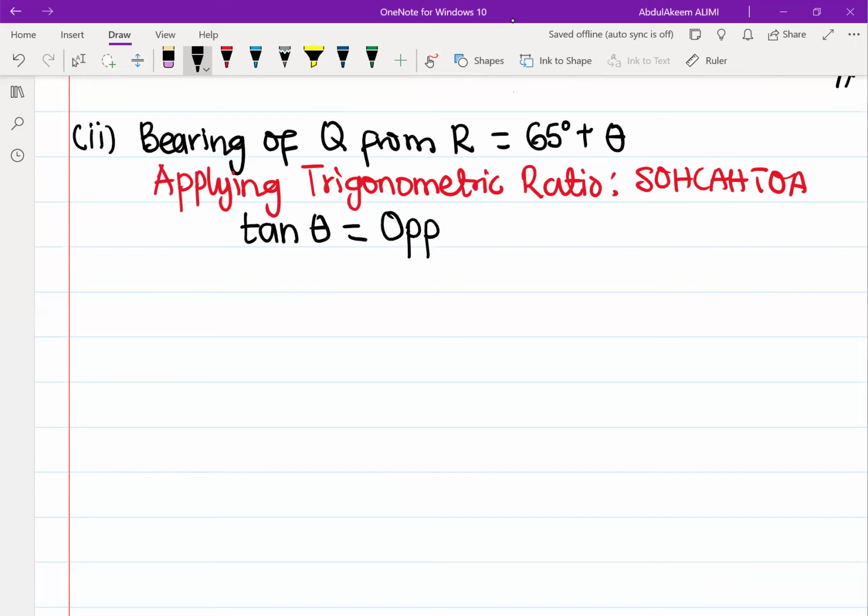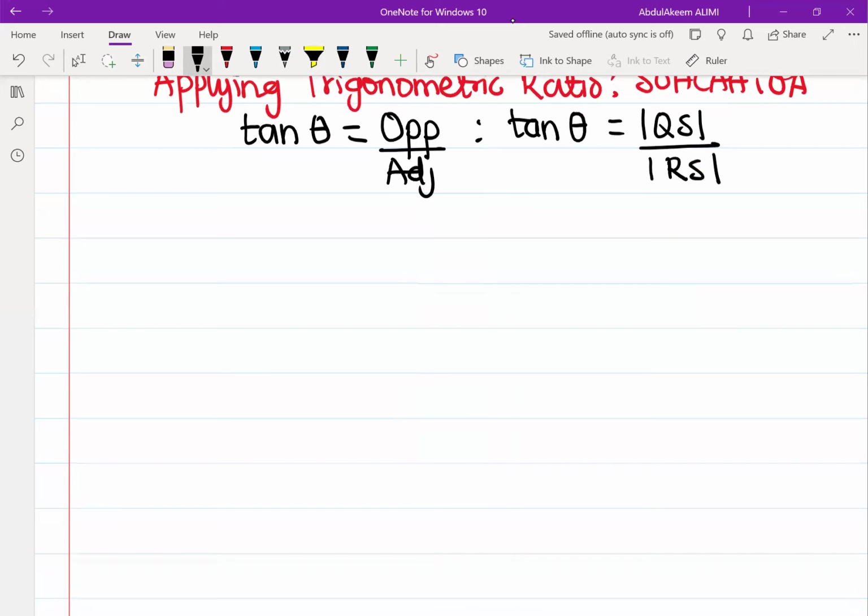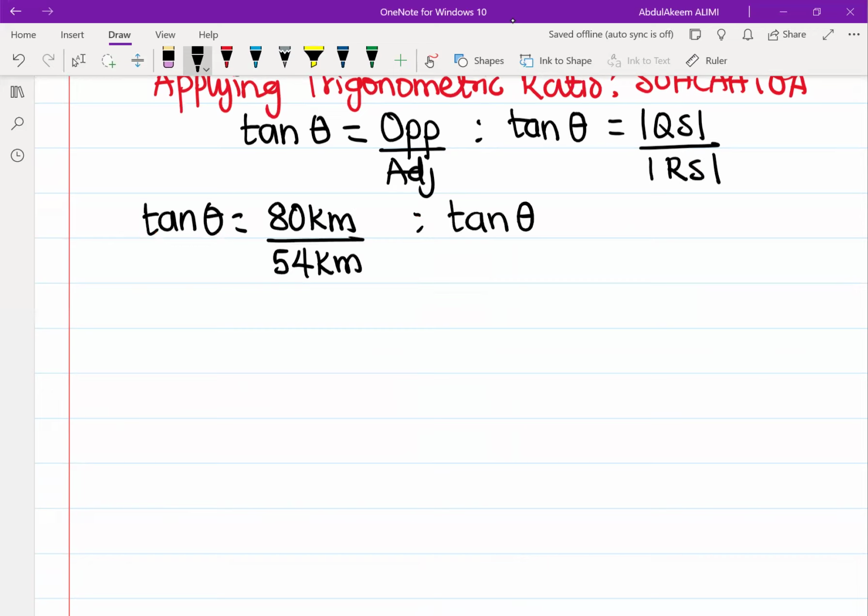Opposite over what? Adjacent. I have my tan theta equal to what? Line QS over line RS. So I will have my tan theta equal to what? 80 kilometers divided by 54 kilometers. If you divide 80 by 54, that should give us 1.4815.